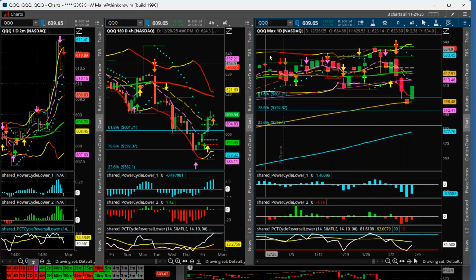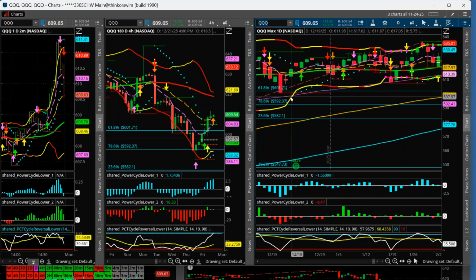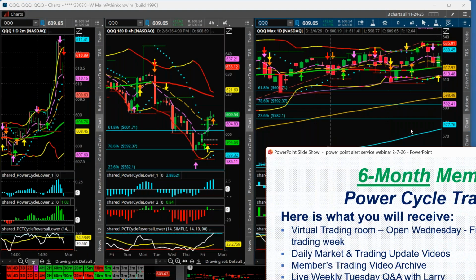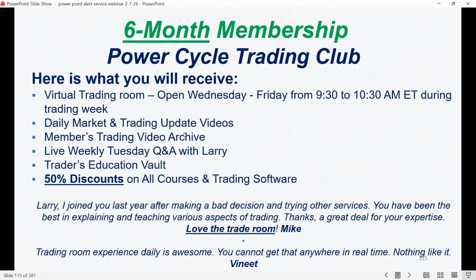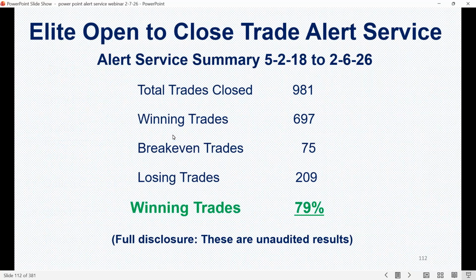What's the average time of the trade? Typically a week or less. These trades are swing trades, okay? If you look back at a few of the trades here, typically a week or less.